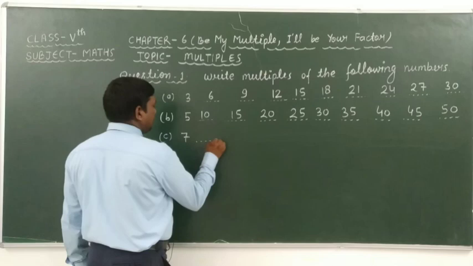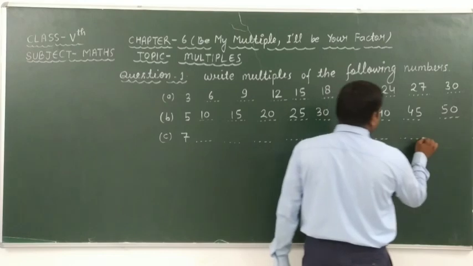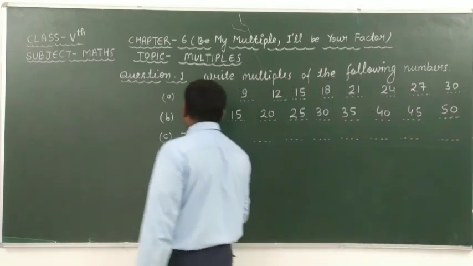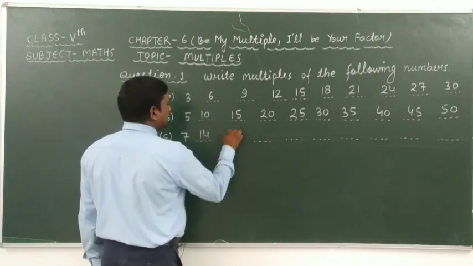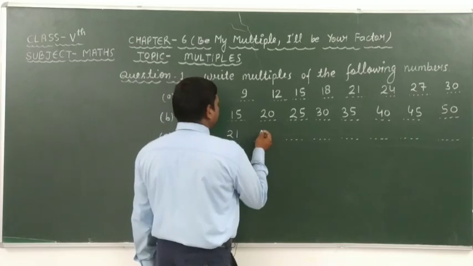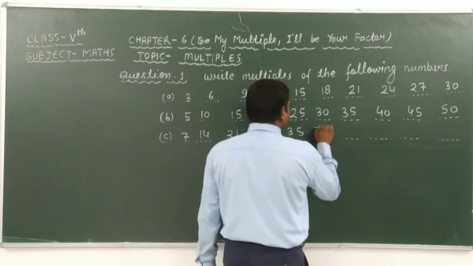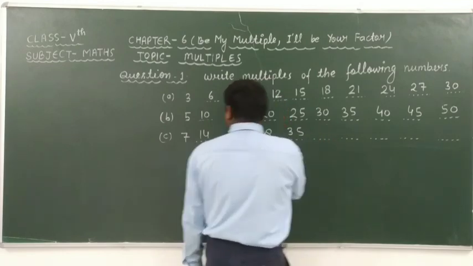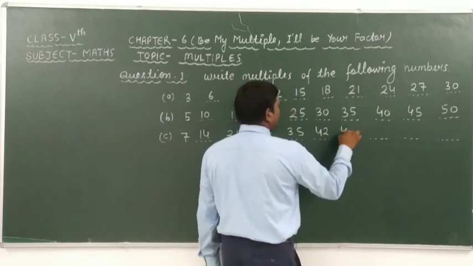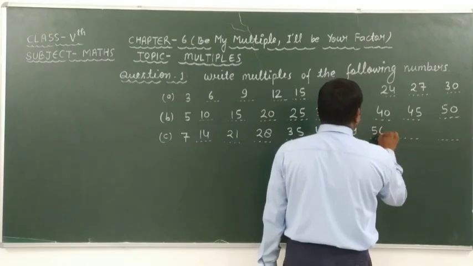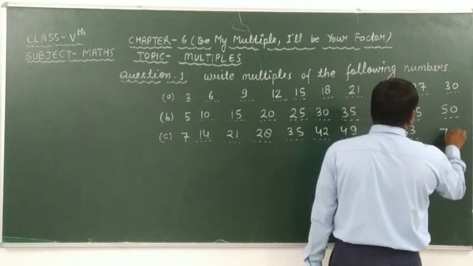Here we can write the multiples of 7. 7 1s are 7, 7 2s are 14, 7 3s are 21, 7 4s are 28, 7 5s are 35, 7 6s are 42, 7 7s are 49, 7 8s are 56, 7 9s are 63, 7 10s are 70.